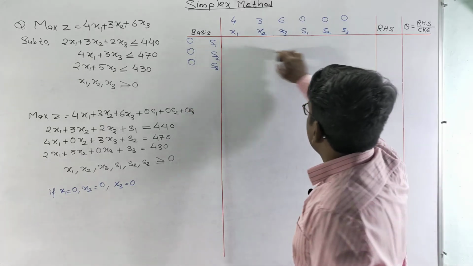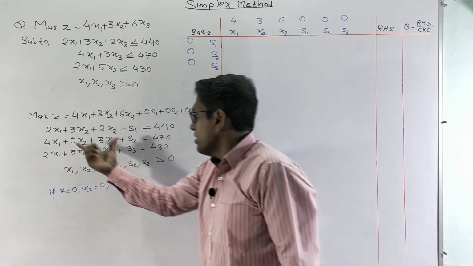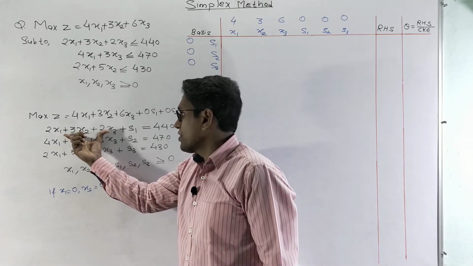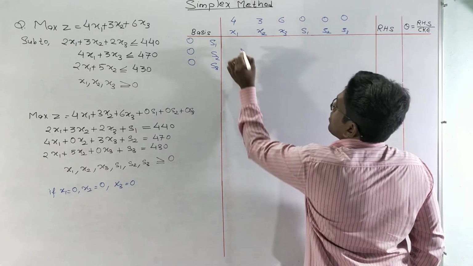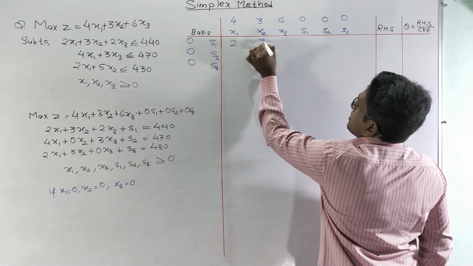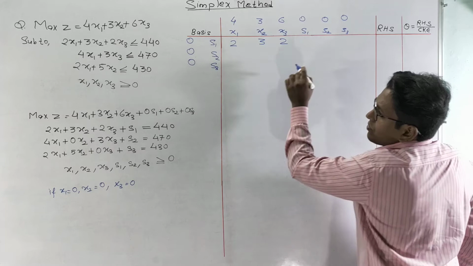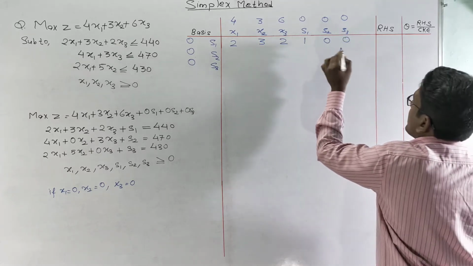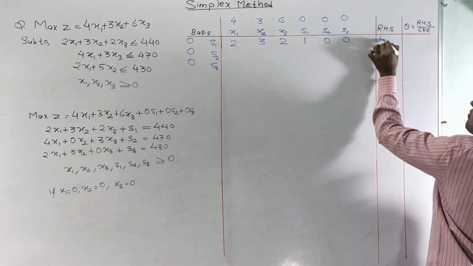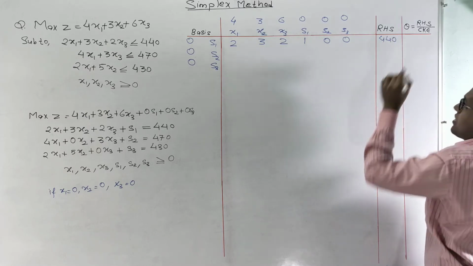Now here we will put the equations directly, the coefficients of the constraint equations, that is 2, 3, 2, 1, 0, 0, and the right hand side value is 440.